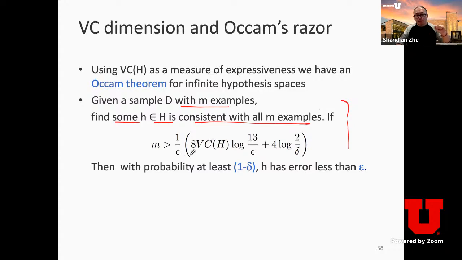Then we can claim that when m is bigger than this number, with probability at least 1 minus delta, the learned consistent hypothesis has an error less than epsilon. In this sample complexity bound, you don't have the logarithm of the size of H. It is replaced by the VC dimension of H times this term.